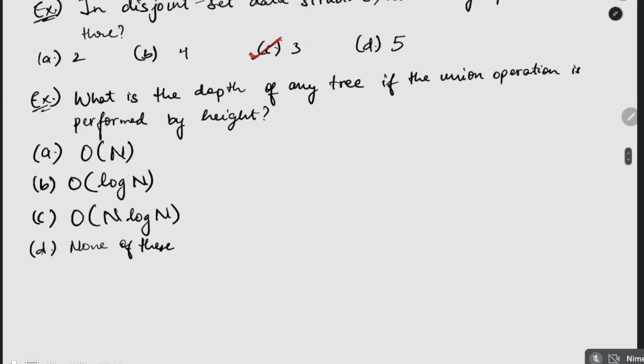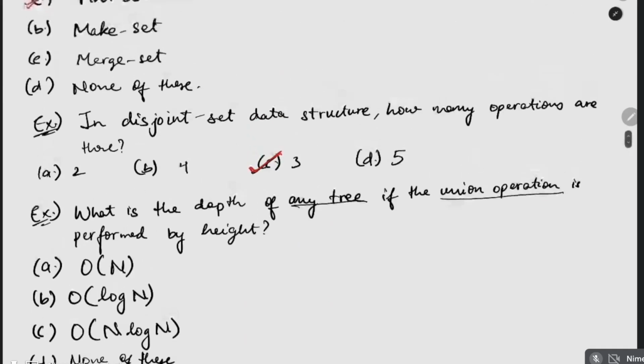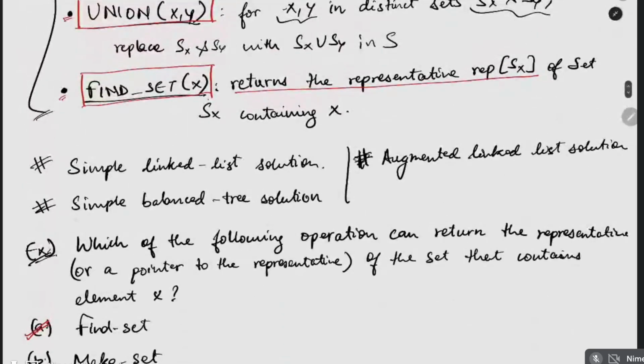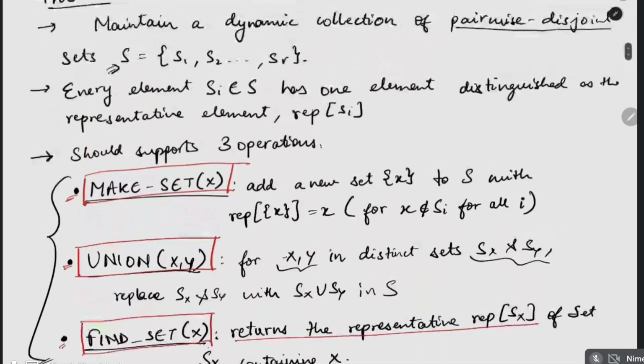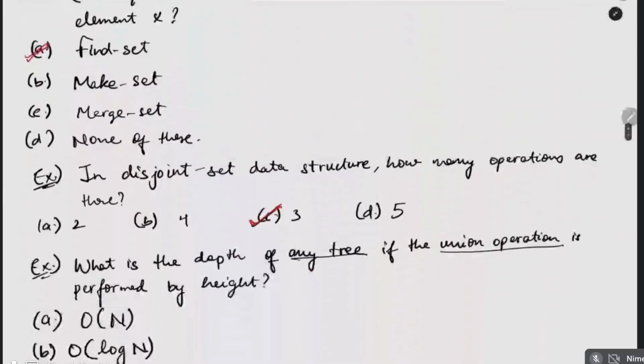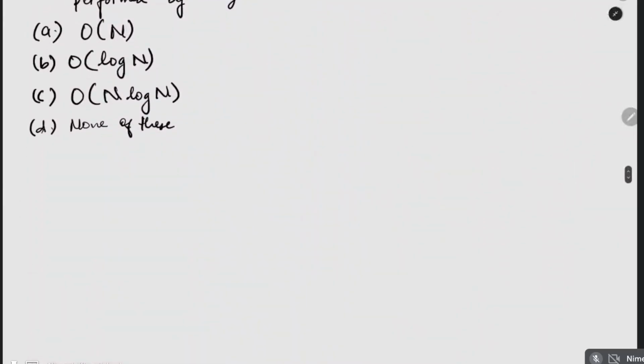Okay. So again, since we have been asked about the union operation on a tree, from here we know that we are talking about the tree-based implementation of the disjoint set data structure, right?